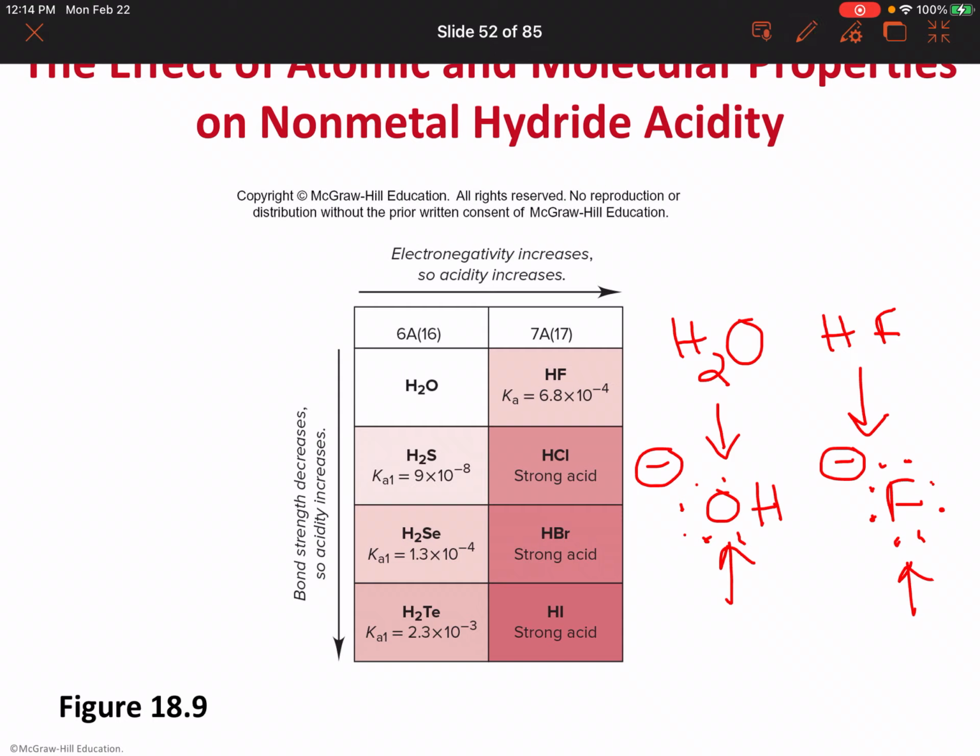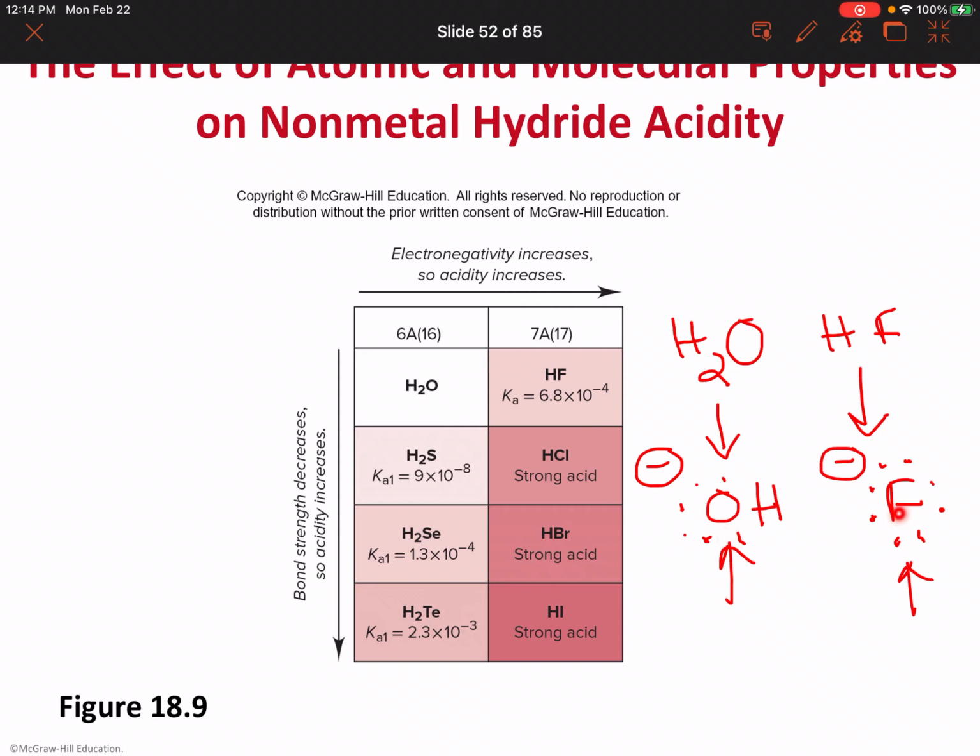The advantage of being more electronegative is that once you have this negative charge, fluorine is more electronegative. If you remember, the definition of electronegativity is the ability of an atom to pull electrons toward itself more readily. Fluorine's number is 4, the most electronegative element, and oxygen's number is 3.5.